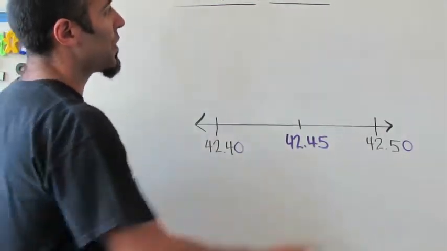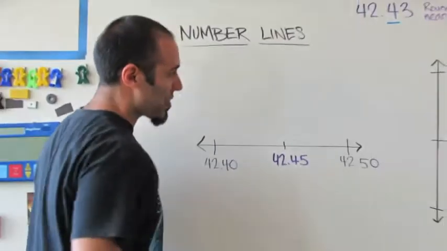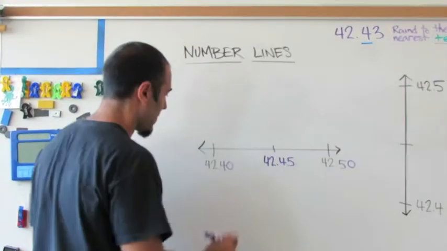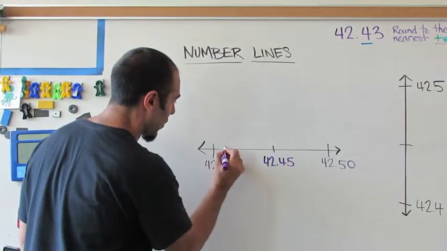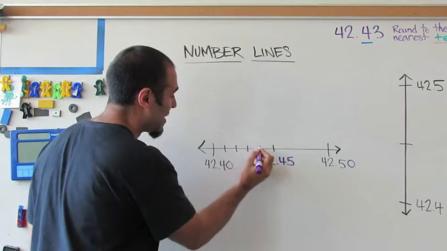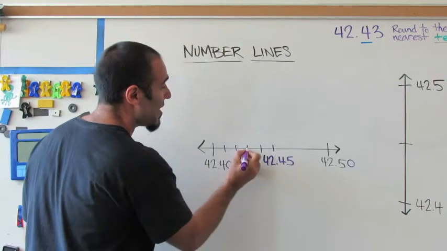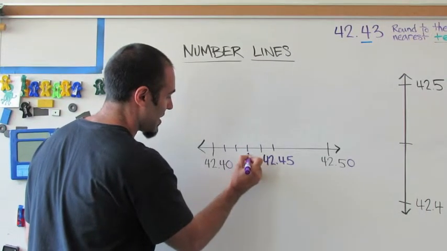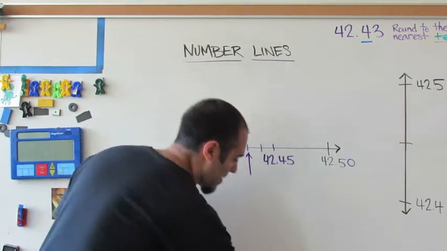So, to figure out where 42 and 43 hundredths are, we're going to draw some tick marks. 40 hundredths, 41 hundredths, 42 hundredths, 43 hundredths, 44 hundredths. This is where our number lies.